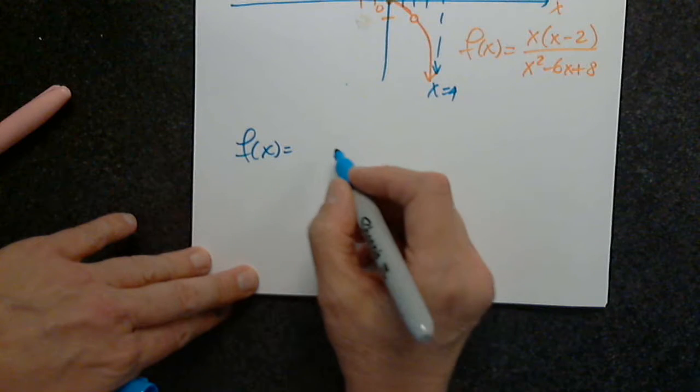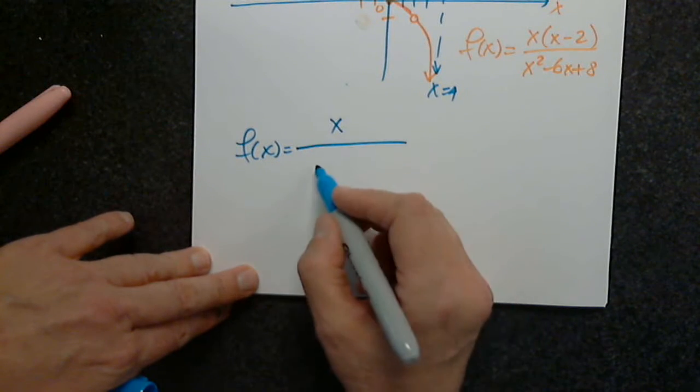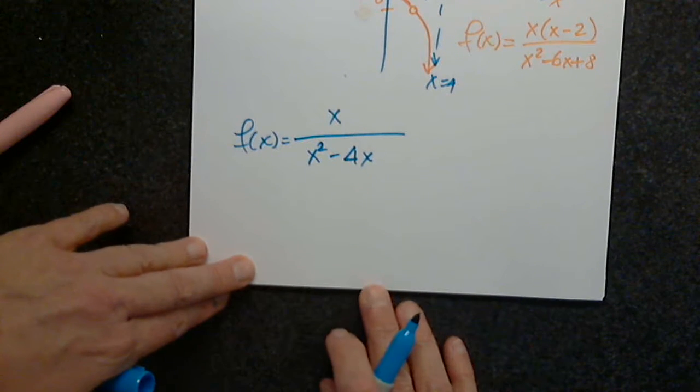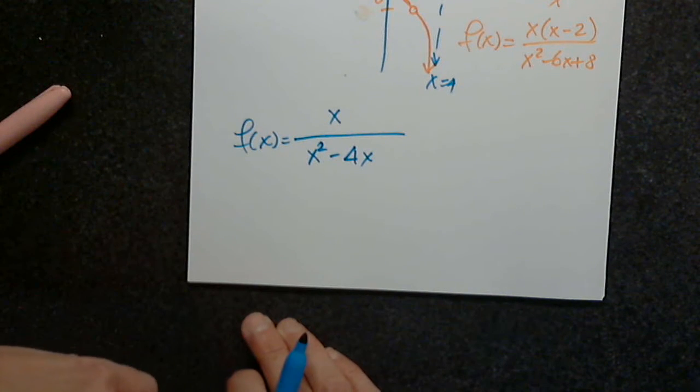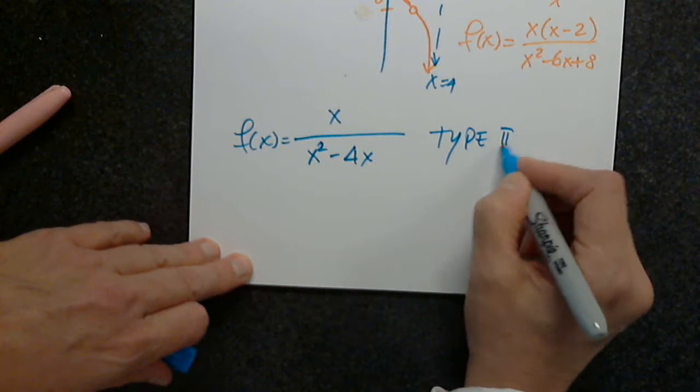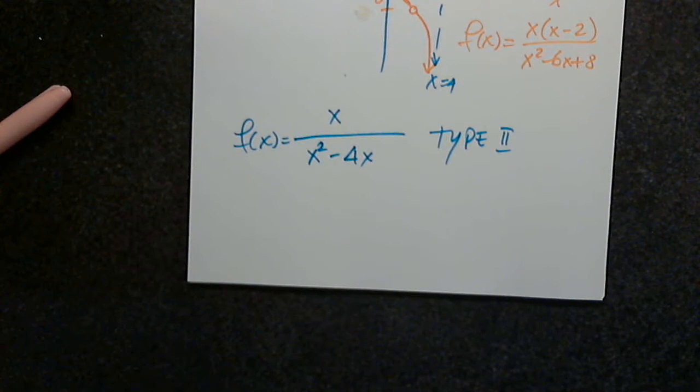So let's say f of x equals x divided by x squared minus 4x. And this is type 2. So we are going to shoot 2 rabbits with 1 bullet. We are looking at type 2, and we are looking at another one with a hole.